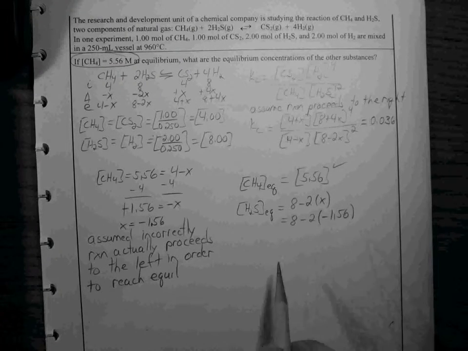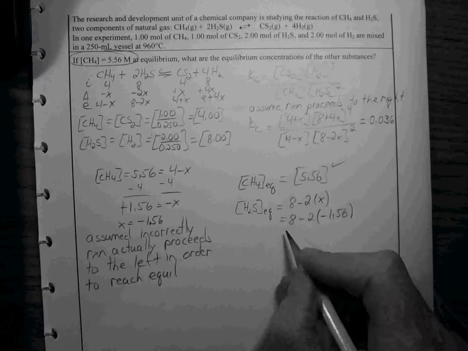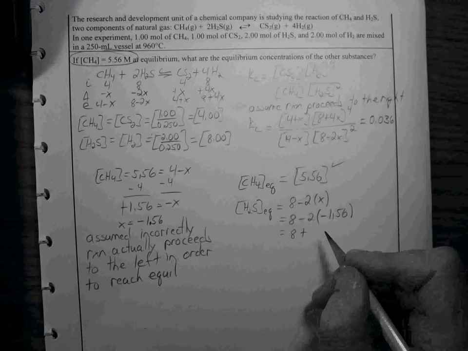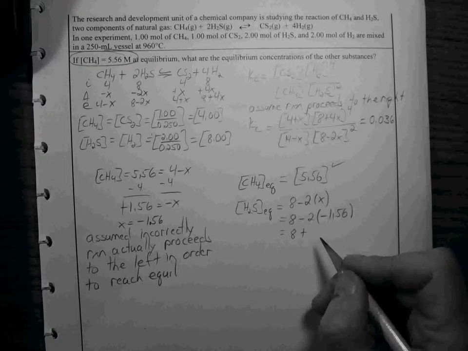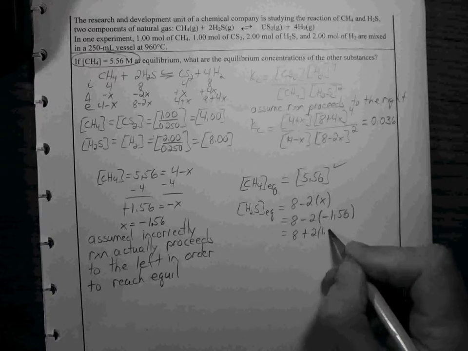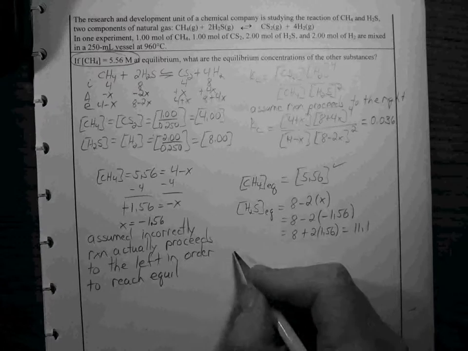Subtracting a negative is going to be plus, so that ends up being 8 plus 2 times 1.56, which comes out to be 11.1.